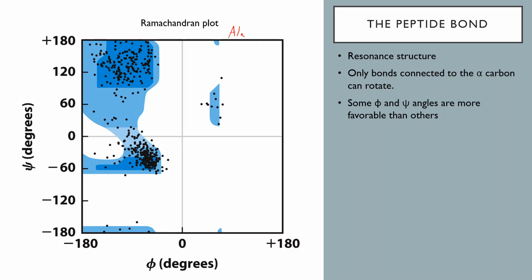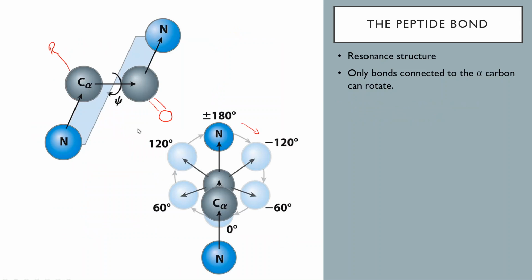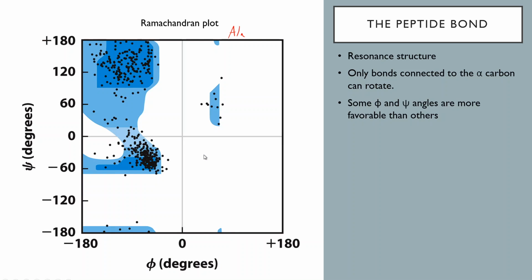The darker the shading, the more favorable that combination of bond angles is. So for alanine, a psi angle of around positive 120 degrees, which corresponds to this angle right here, about 10 or 11 o'clock in that direction, and about negative 90 or so in the phi direction, those two angles are the most favorable.